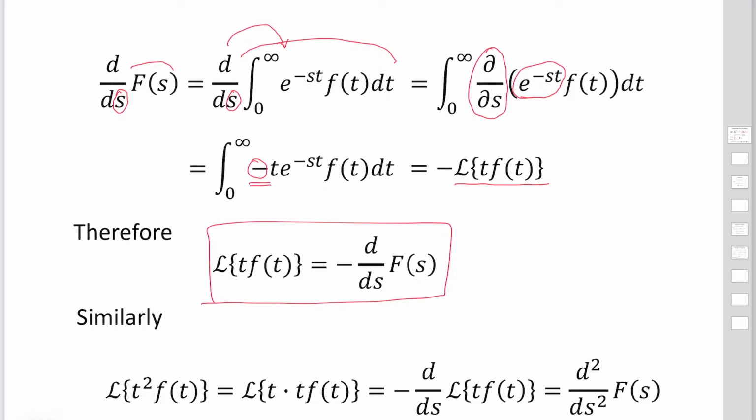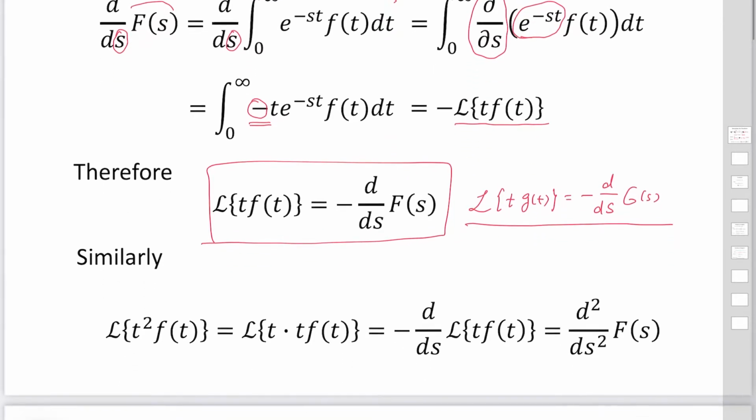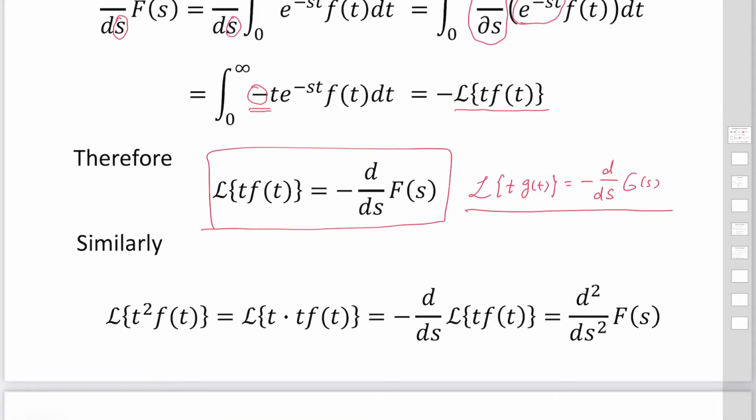So if we change the f to g, we could also write that the Laplace transform of t g(t) is equal to minus the derivative with respect to s of the Laplace transform of capital G. Then we'd like to find out the Laplace transform of t squared f.